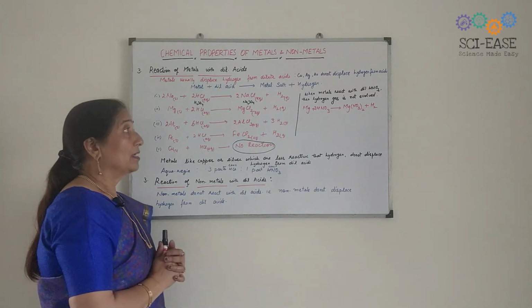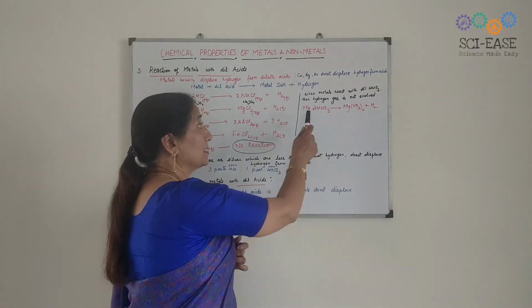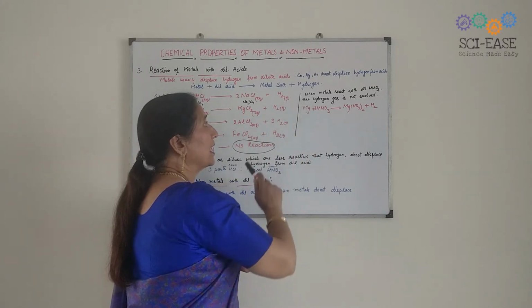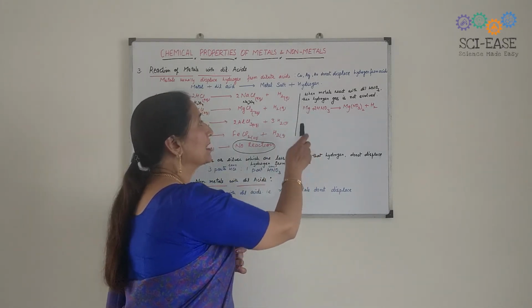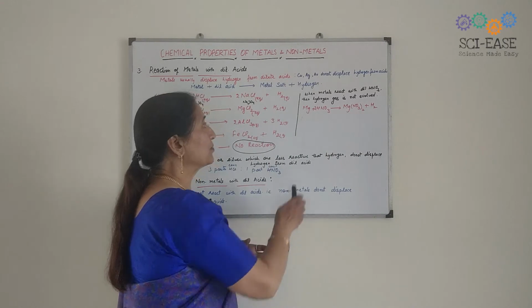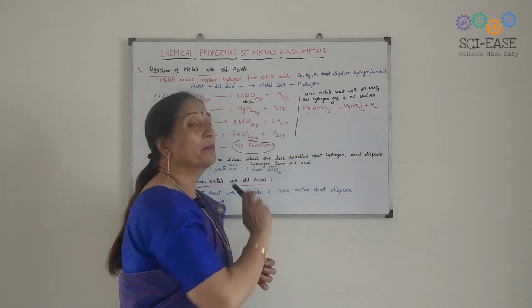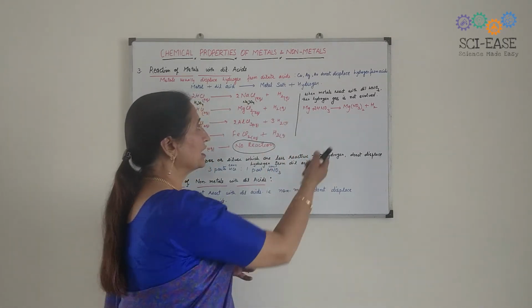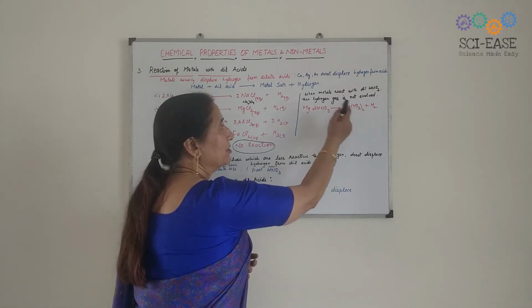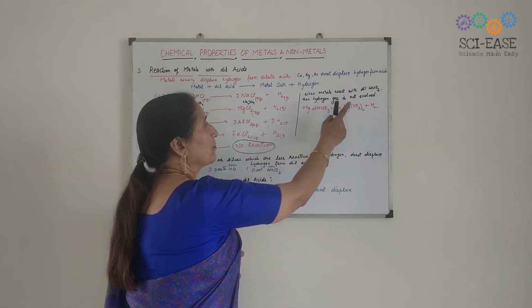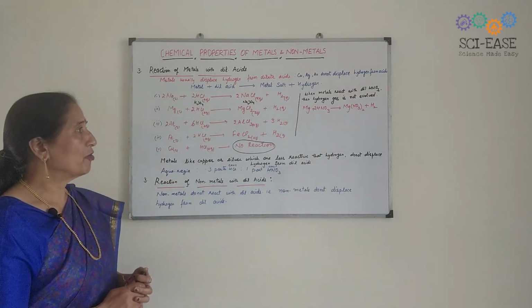But dilute nitric acid can form nitrates and hydrogen gas with magnesium or manganese. In case of manganese, manganese nitrate will be formed, and in case of magnesium, magnesium nitrate will be formed.